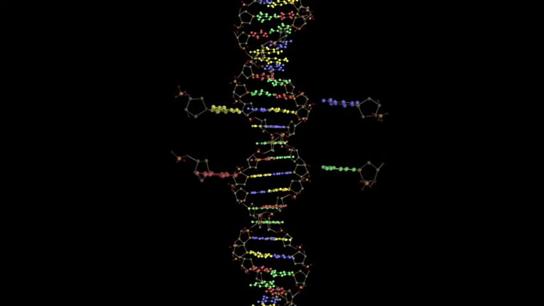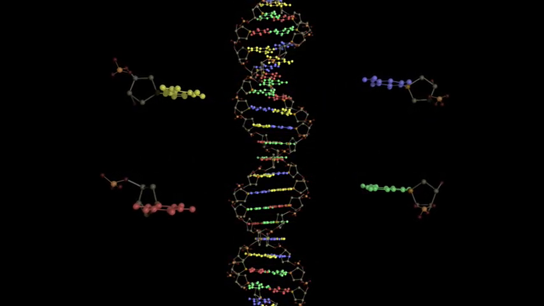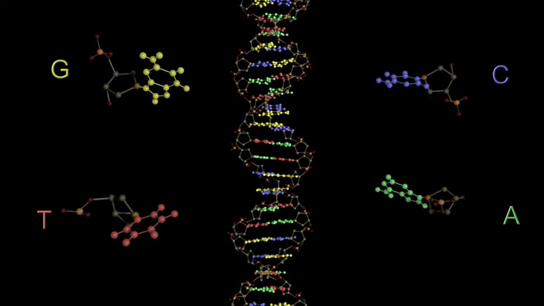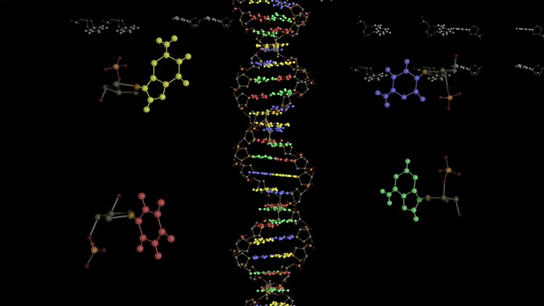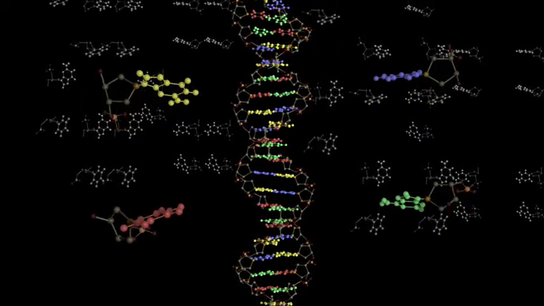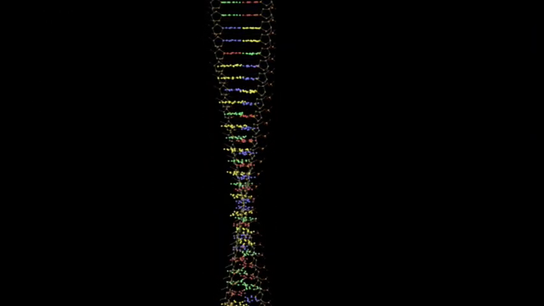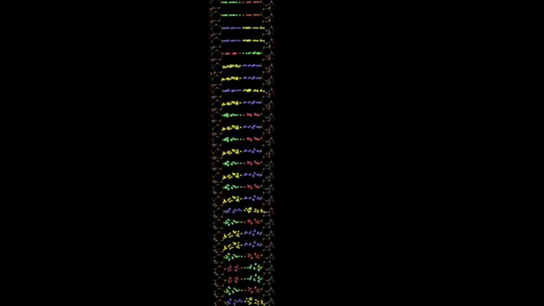All life uses the same four molecules: adenine, cytosine, thymine, guanine, in the DNA ladder, although there are more than 100 that could be used. All life bases its replication on the duplication of the DNA molecule.